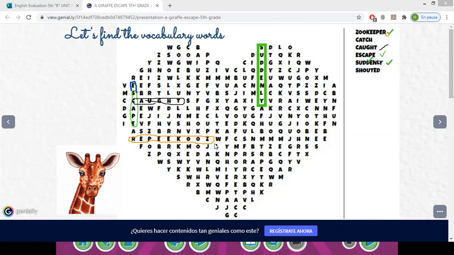For example, in the story, the zookeepers are going to catch the animals, the crocodiles, the zebras, the lions, because they escaped from the zoo. Very good. Catch is here. Shania, what are you doing? Good. Fine, it's missing shouted.